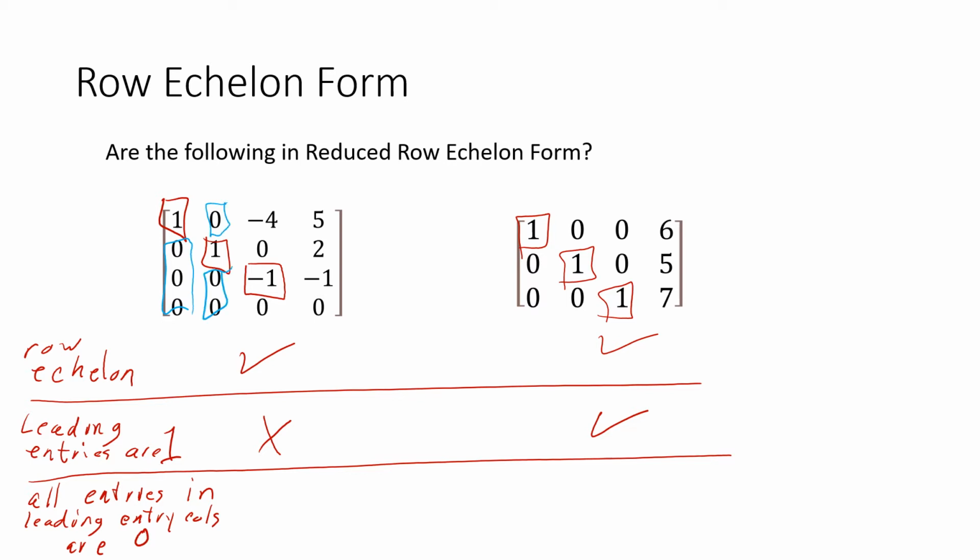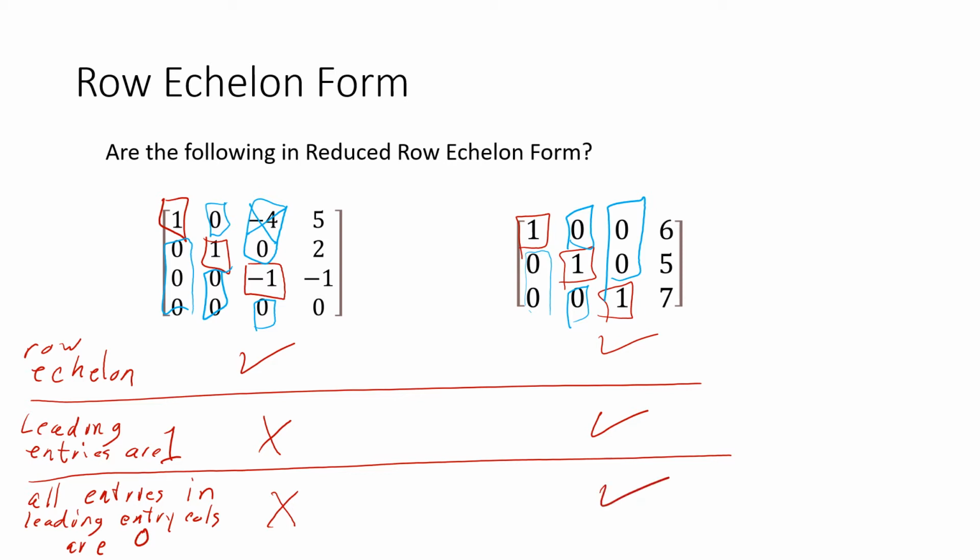The third column has a leading entry, but it has something that's non-zero. So again, that fails. But now if you look at the second matrix, there's a leading entry in the first column. Everything else is 0. There's a leading entry in the second column. Everything else is 0. There's a leading entry in the third column. Everything else is 0. The fourth column doesn't have a leading entry, so you don't care what happens there.